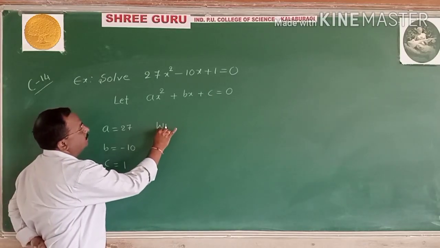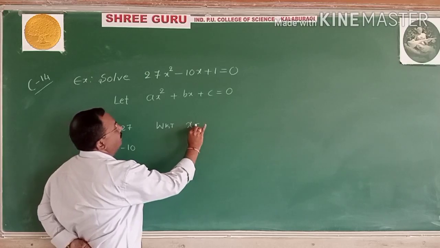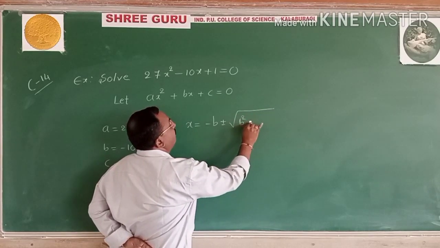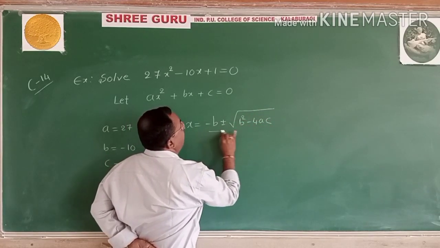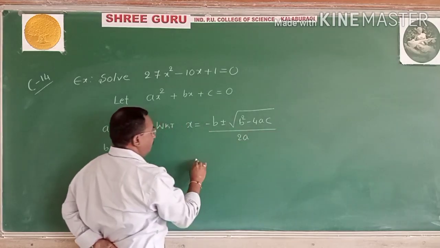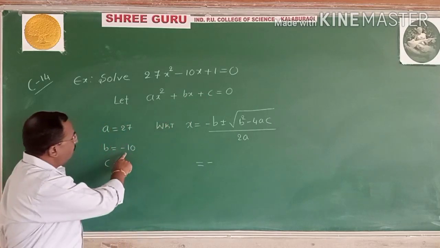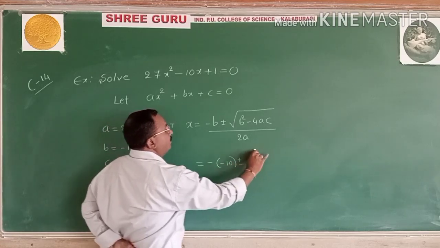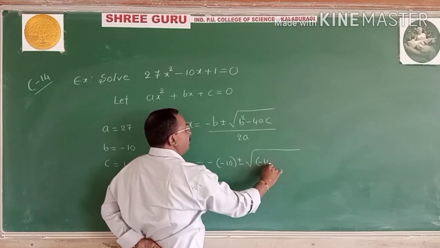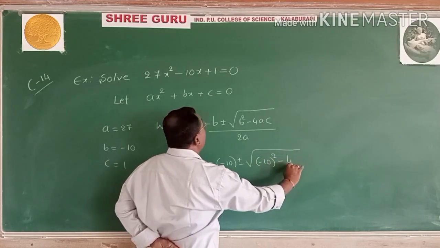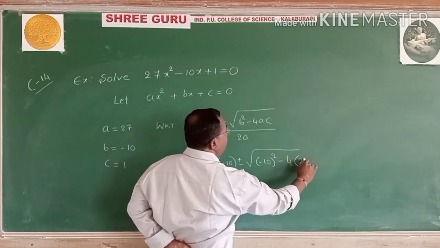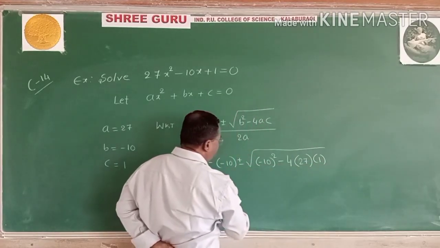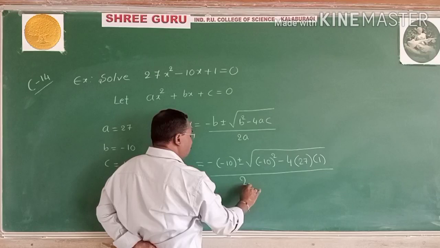We know that x is equal to minus b plus or minus square root of b square minus 4ac divided by 2a, is equal to minus b value, which is minus 10, plus or minus square root of b square, minus 10 whole square, minus 4, a value is 27, c value 1, divided by 2, a value is 27.